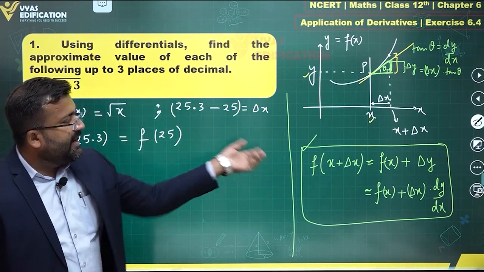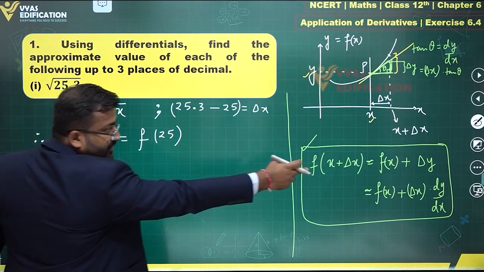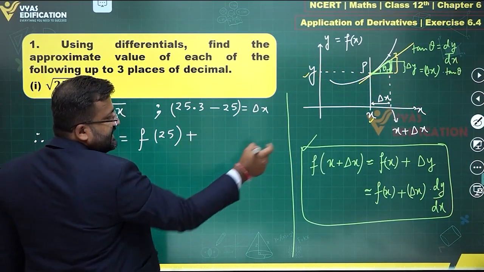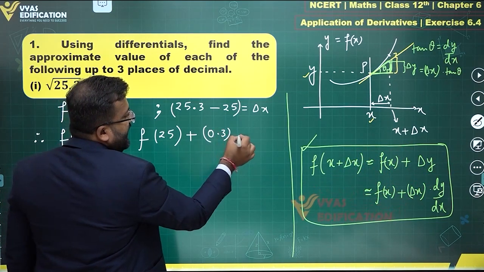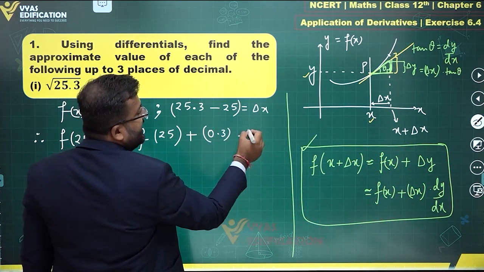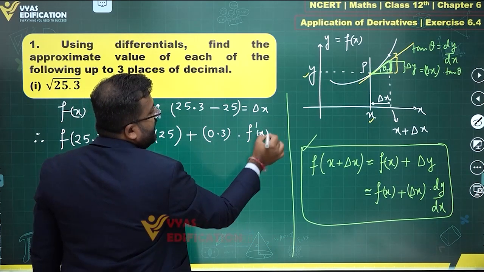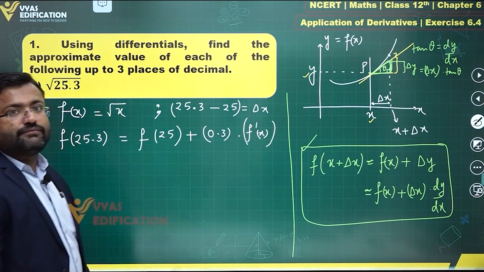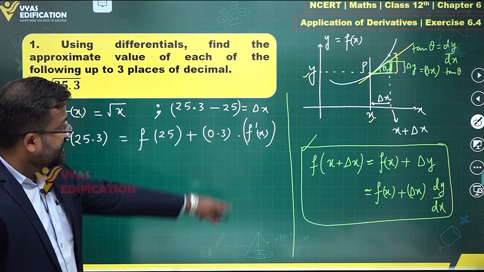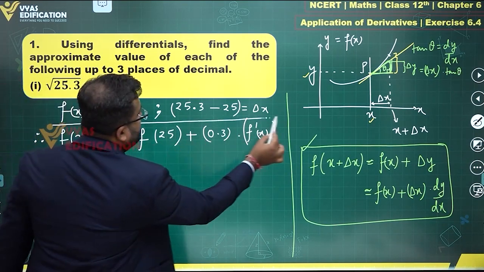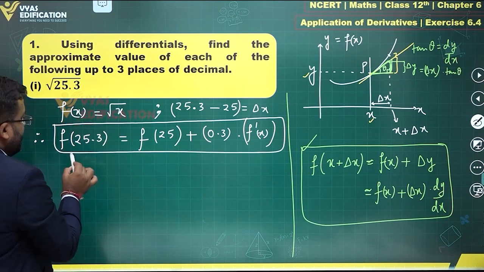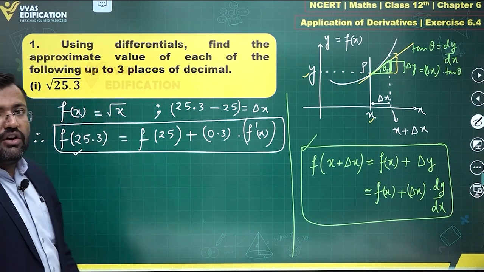The difference of these two will be delta x, and that is required over there, plus delta x, which is 0.3, times the derivative dy by dx, which is actually f prime x. That's clear, right? So using this particular result, I can find the approximate value of this.